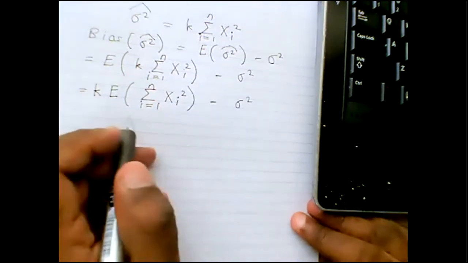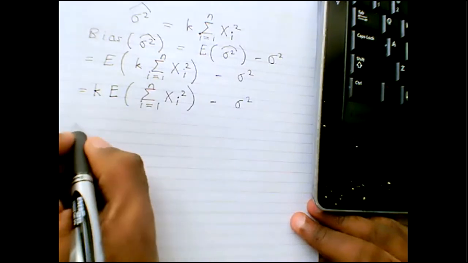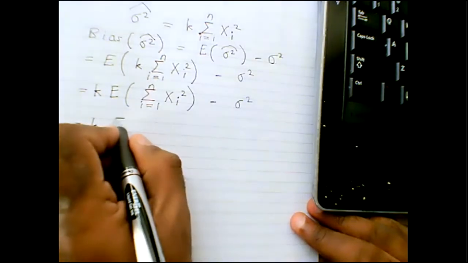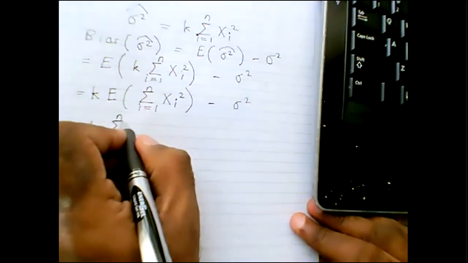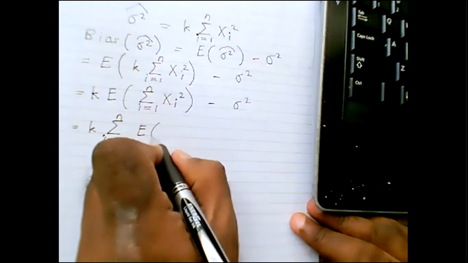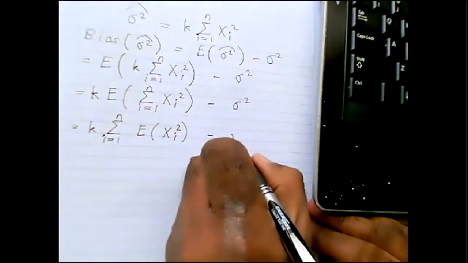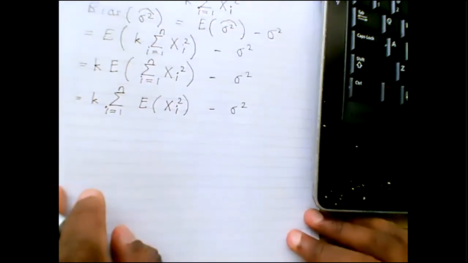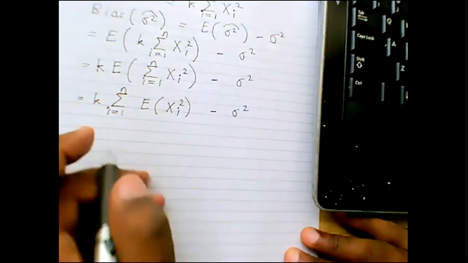The next thing I'm going to do is take the expectation inside the sum. So this becomes K times the sum. The next thing I'm going to do, I'm going to use the following trick.